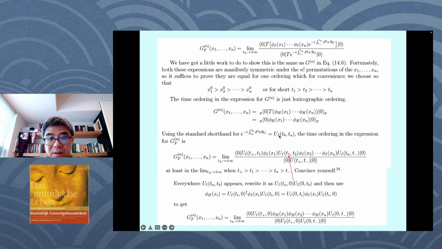You can get a formula here. UI, the time evolution operator between two times, is related to the exponential function of the integration of HI between these two times. And this exponential function is applied here. Remember, here we have the integration of HI between the initial time and the later time.